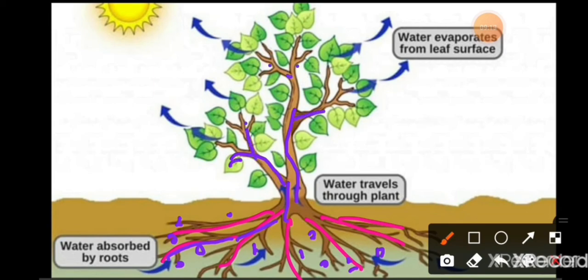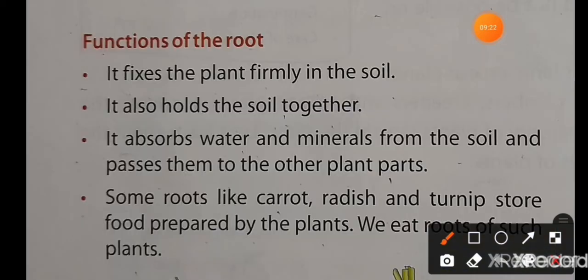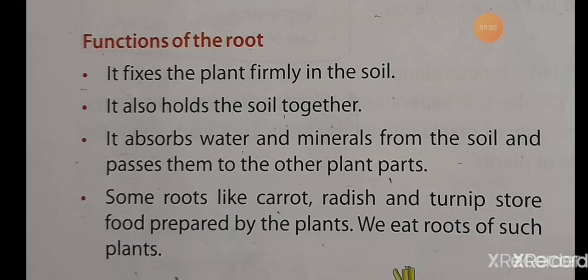Okay, is it clear? The next function: some roots like carrot, radish and turnip store food prepared by the plants. We eat the roots of such plants. So some roots like carrot, radish and turnip store the food which is prepared by the plants, and we eat those roots.